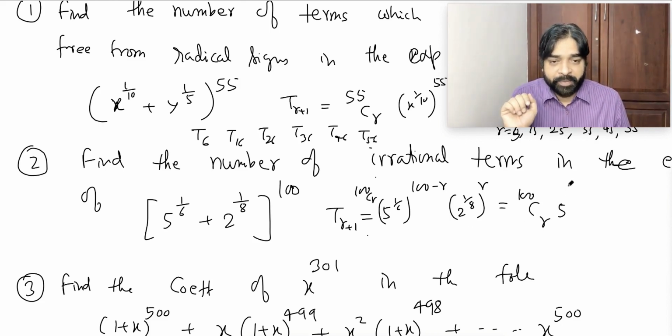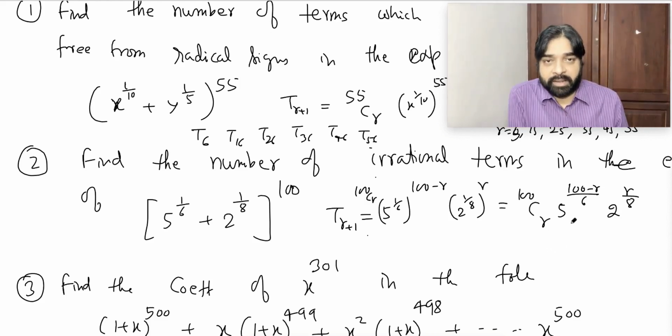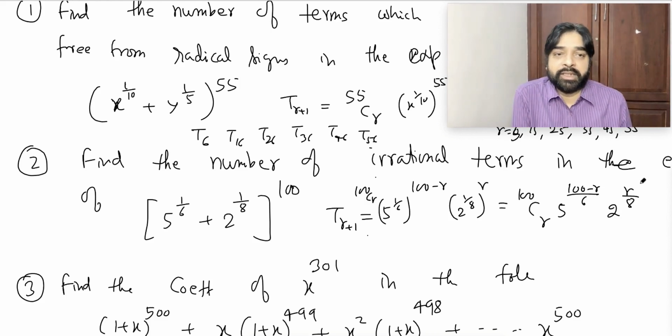Then 5 power (100 minus r) by 6 into 2 power r by 8. We want rational, that means again the power should be an integer.